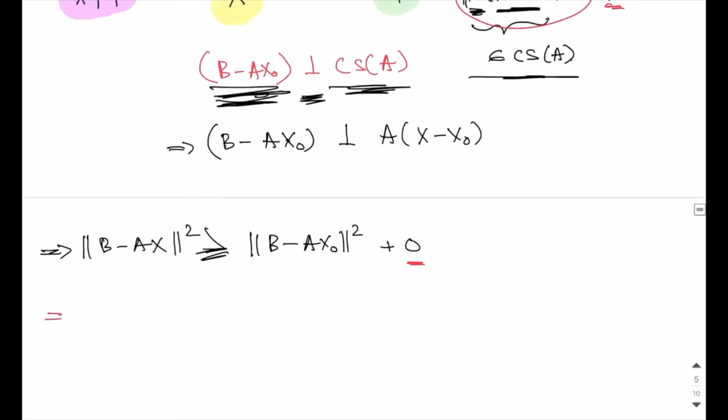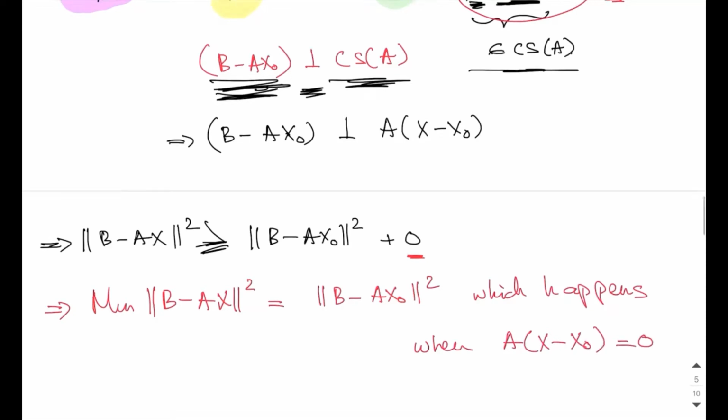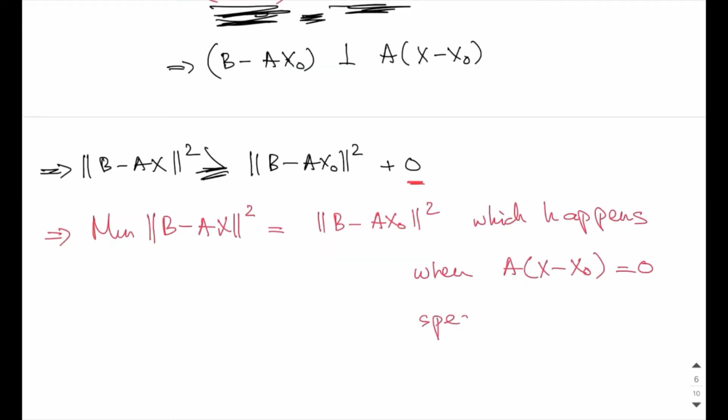So this implies that the minimum of the error, which is the squared length of b minus Ax, is equal to the squared length of b minus Ax0, which happens when A(x minus x0) is 0. And so specifically, when x equals x0.